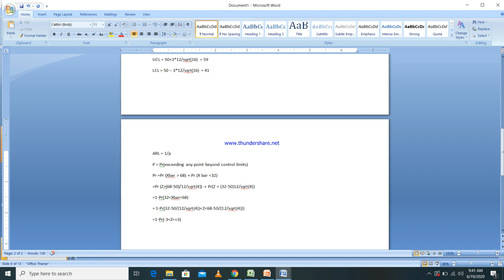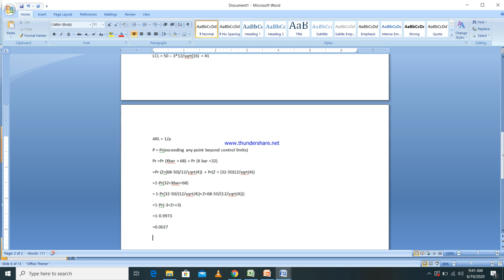So this probability, if you read from standard normal table, that is equal to 0.9973. So that is, you will get this probability as 0.0027.